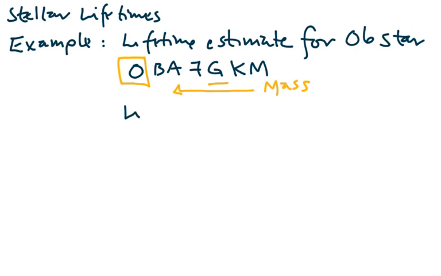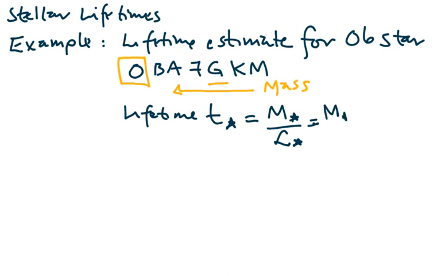So the way we estimate the lifetime of a star, the lifetime we'll call T star, is given by the mass of the star divided by the luminosity of the star, and this can be approximated by understanding that the luminosity of the star scales with the mass of the star to the 3.5 power.